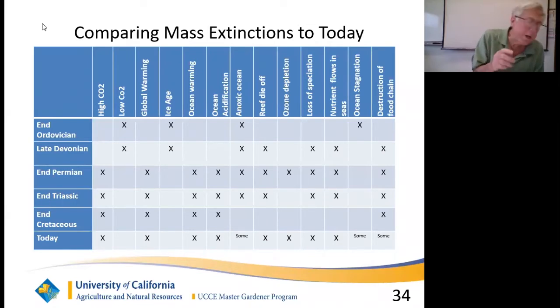Just because there's not an X in some of the boxes does not necessarily mean that that phenomenon did not occur. It may have been only a minor factor, or it simply was not present in the fossil or the chemical record, so we really can't say whether it did or did not. So the only things we can pretty much say happened are the X's.